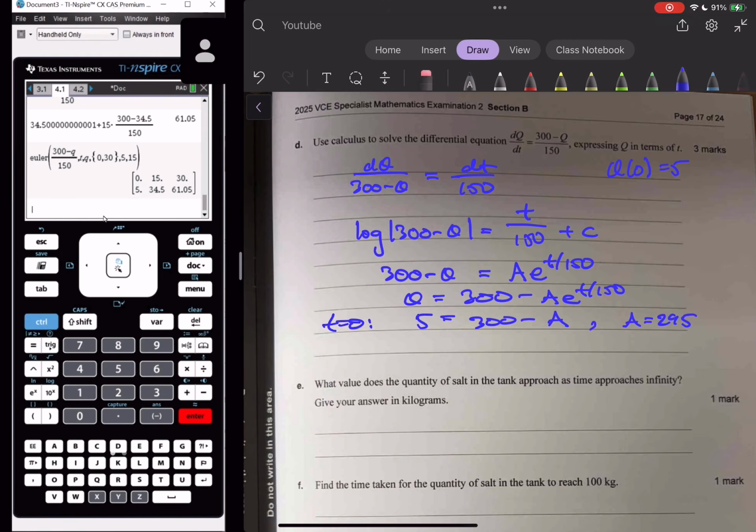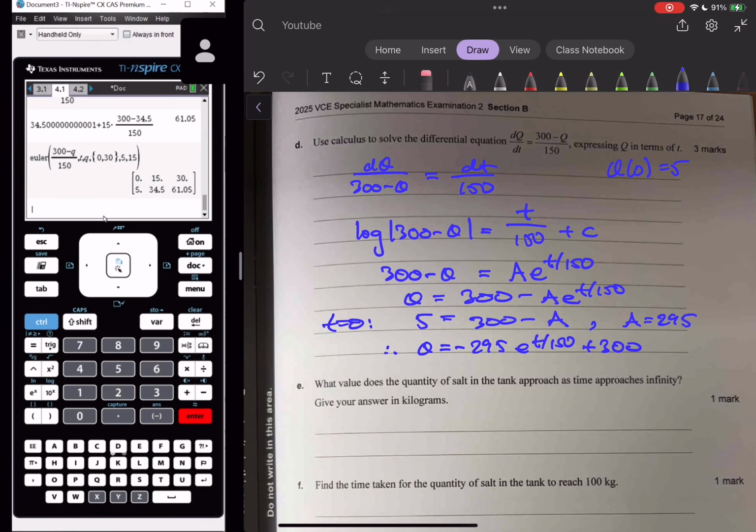So therefore, Q is equal to 300 minus 295 e to the t over 150. Let's verify that on the CAS.